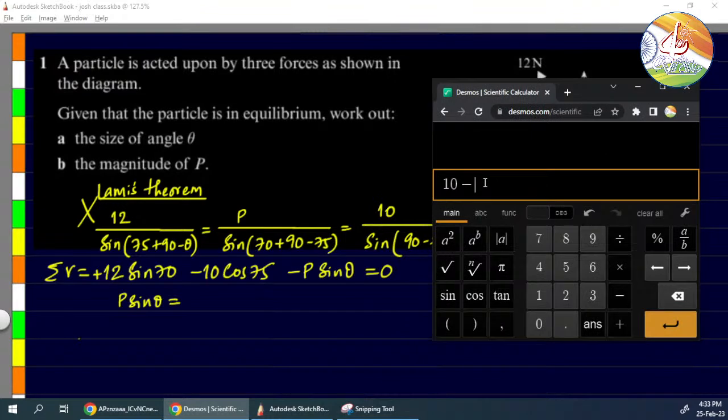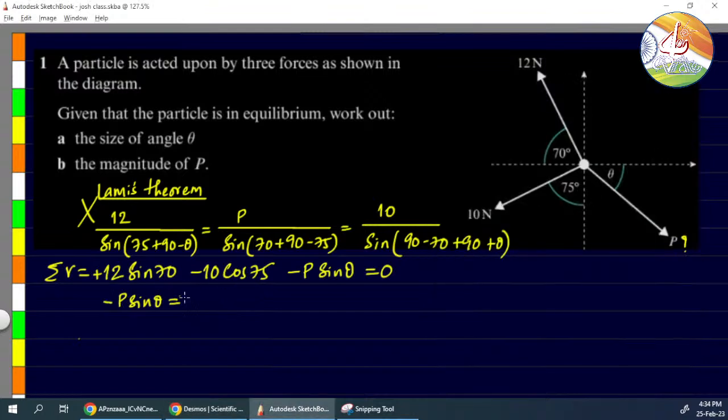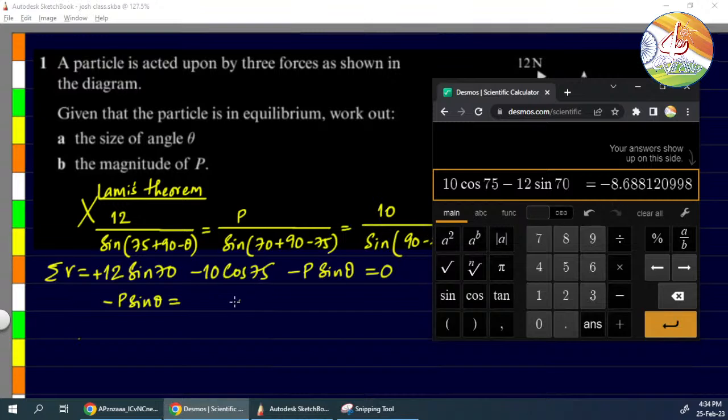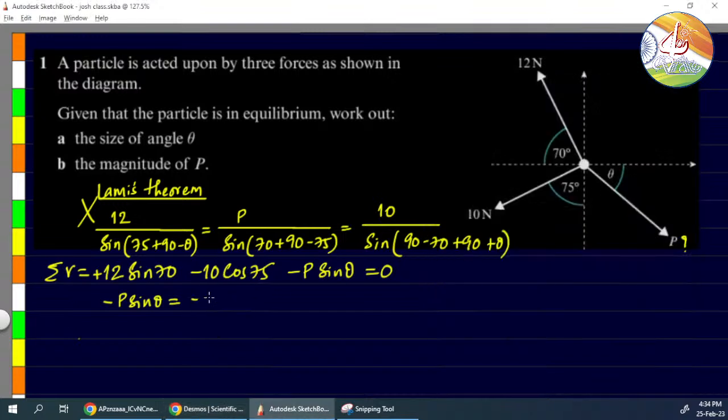What do we get? 10 into cos 75, then minus 12 into sine 70. That side we get minus 8.688. Minus minus will cancel out. We get P sine theta as this value. This is equation number 1.